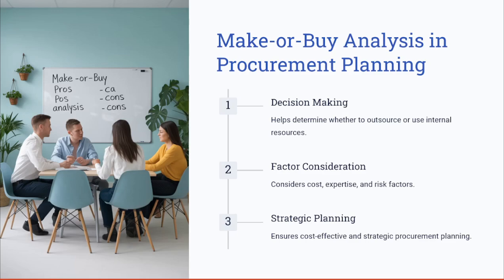However, if the internal team has the required expertise and resources, in-house development may be more efficient. So a proper make or buy decision ensures cost-effective and strategic procurement planning.